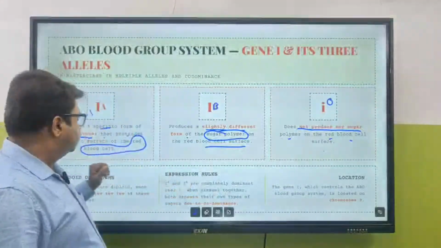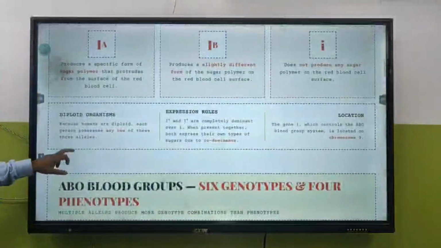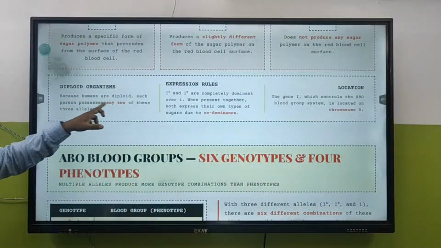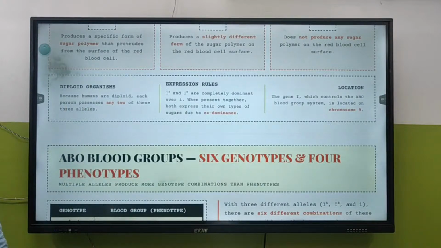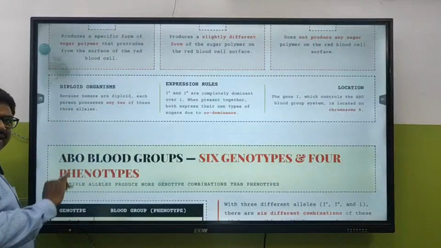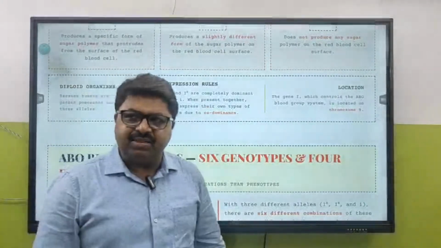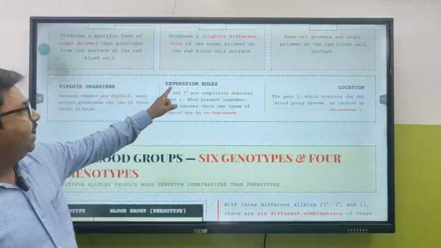Clear? Now, humans are diploid, so each person possesses any two of these three alleles. Now, expression rule.